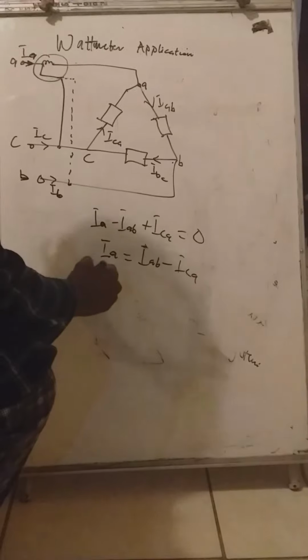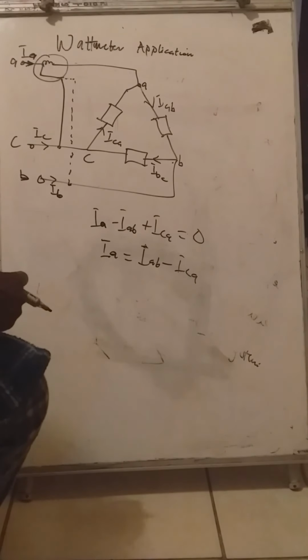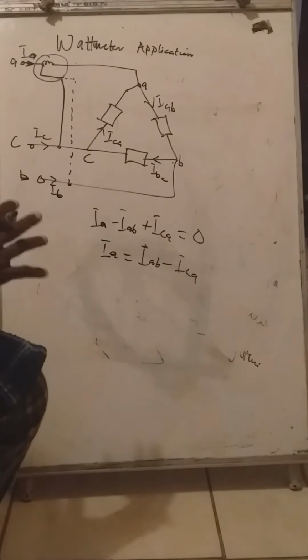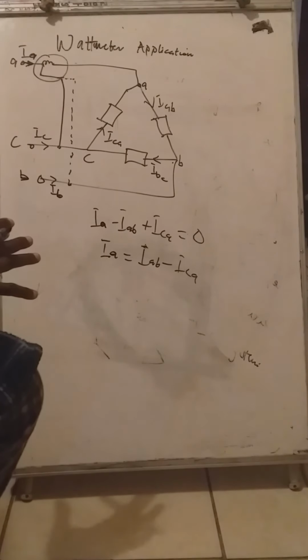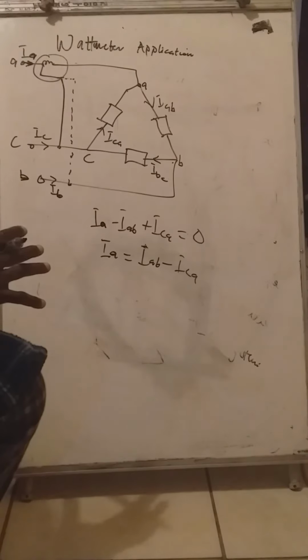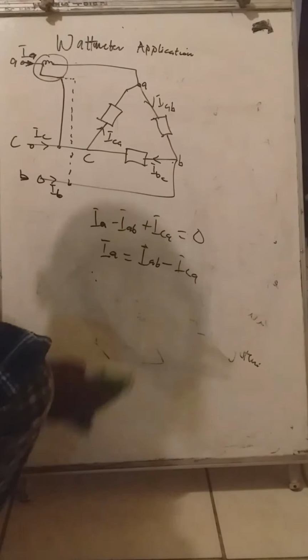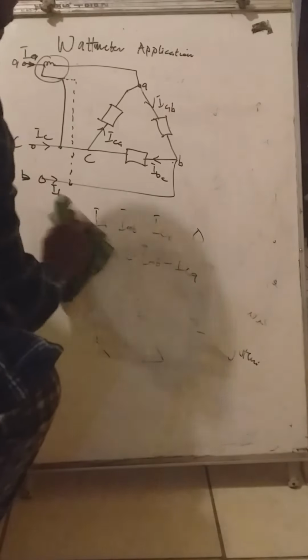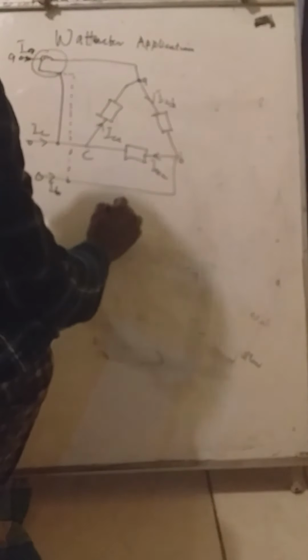So let us take, for example, this phasor diagram that represents a negative phase sequence. I'm going to talk about the sequences later in the course of our studies. Let's say we have our VAB.